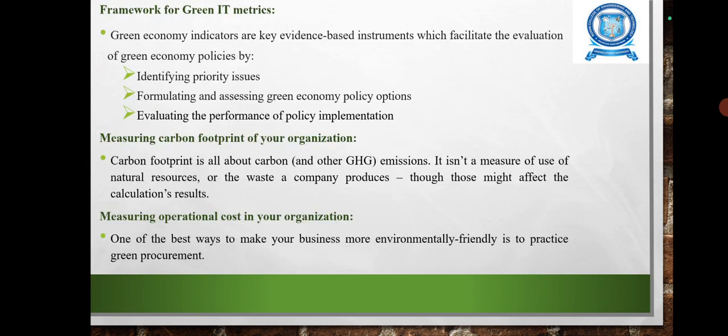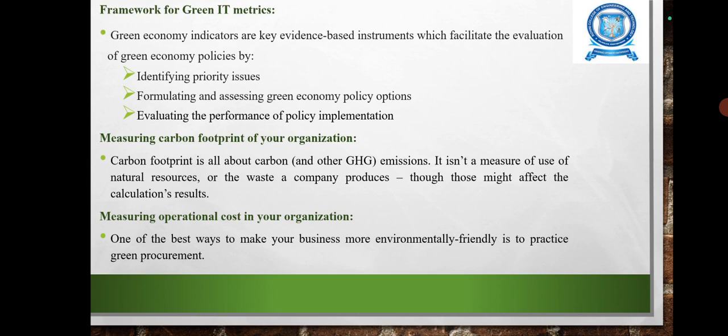The next one is the framework for green IT metrics. That means it indicates key evidence-based instruments which facilitate the evaluation of green economy policies by identifying priority issues, formulating and assessing green economy policy options, and evaluating the performance of policy implementation.